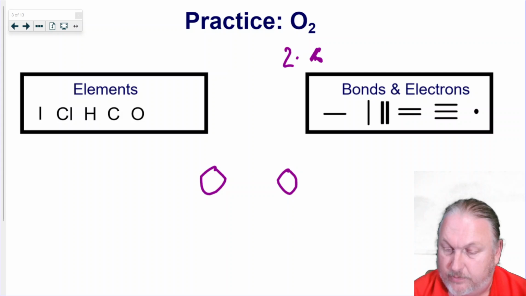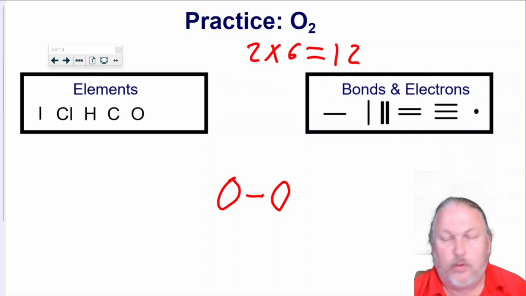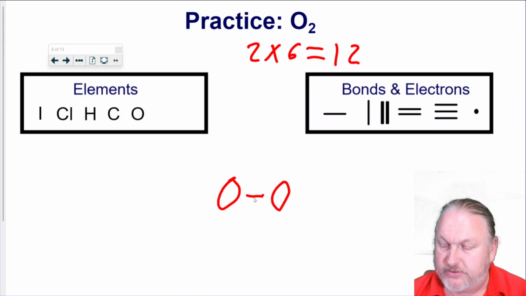All right, we're going to pause and I'll see if I can fix this right on up, okay? Okay, got the problem fixed, so this is where I'm at. So we're drawing O2. Again, there are 12 electrons we have to use. So I'll put my single pair in there, and that gives me my single bond.